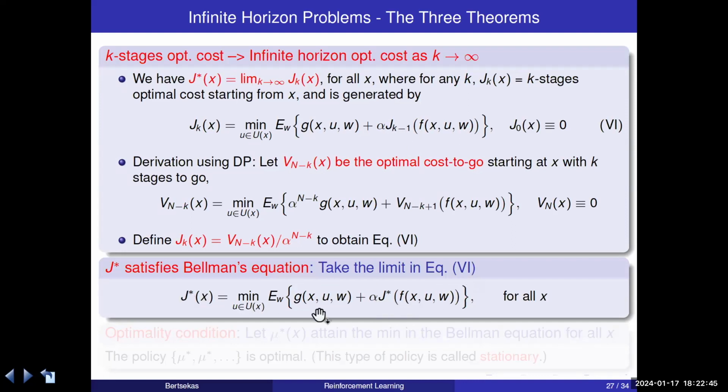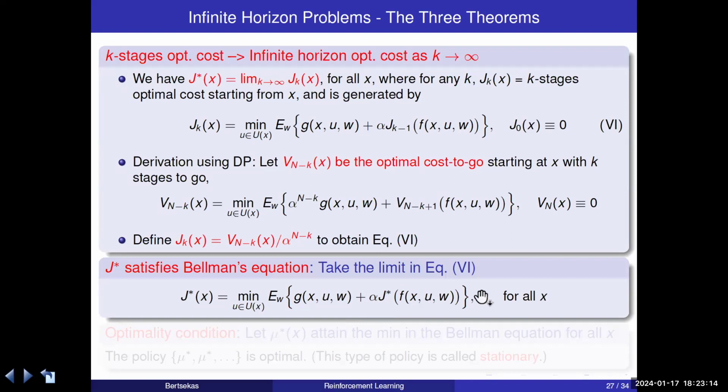So this is what you obtain. I've sort of hand-waved here with limits and so on, but it turns out that this equation holds just about always in infinite horizon dynamic programming. It's one of the most reliable results. This one is not so reliable as this one. So we're going to take it as given that J star satisfies Bellman's equation.